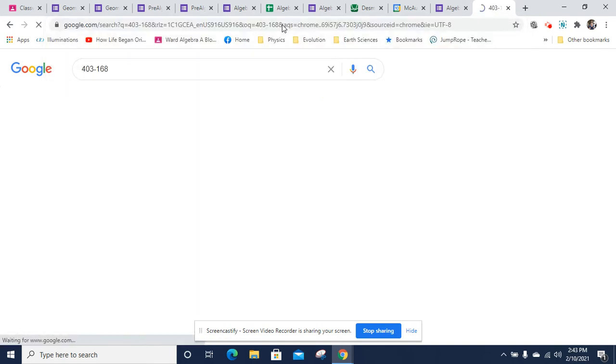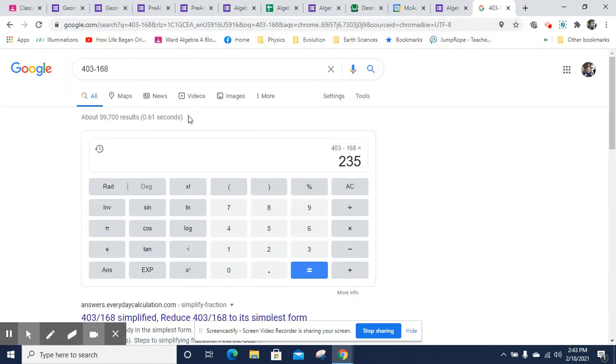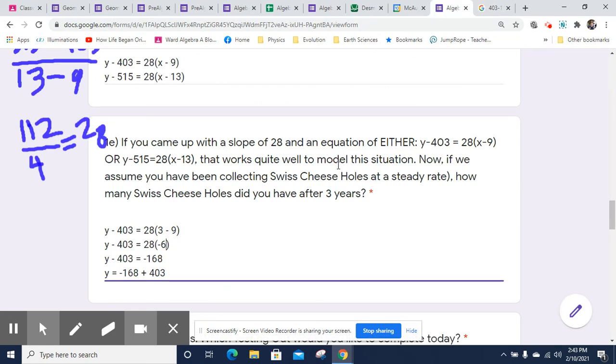So you end up with 235. Okay, so it's 235 Swiss cheese holes. And the reason I say you could do it in either order is addition can be reversed, and this is addition. So this could become 403 plus negative 168, which is 403 minus 168.